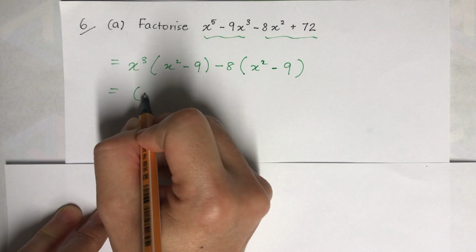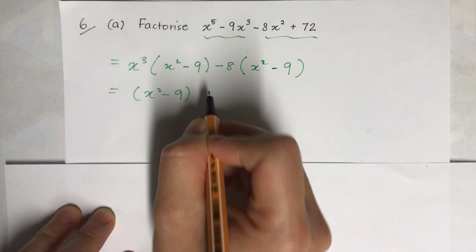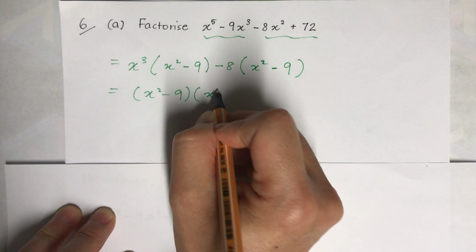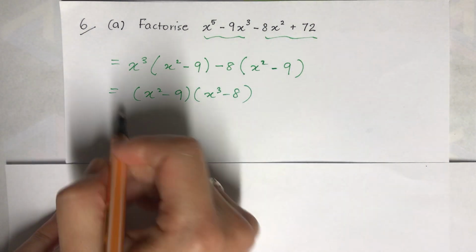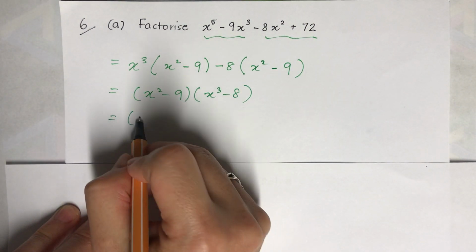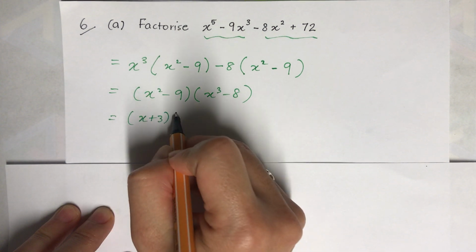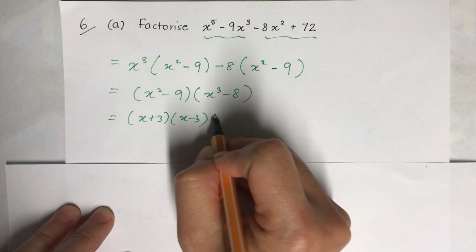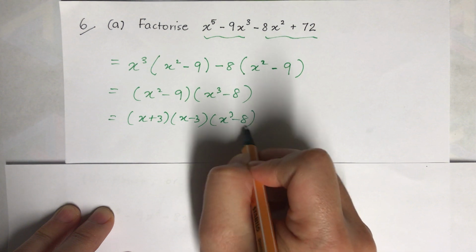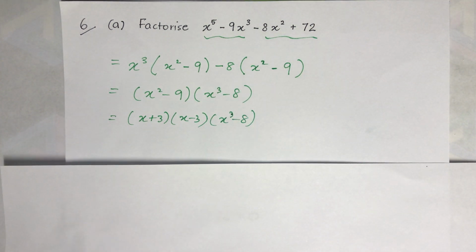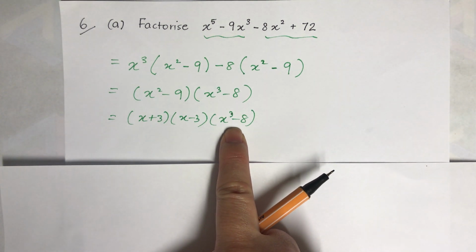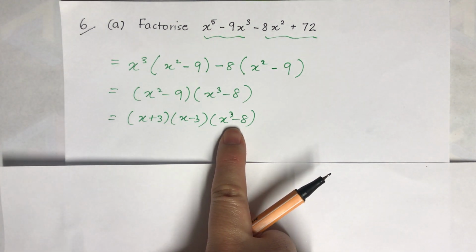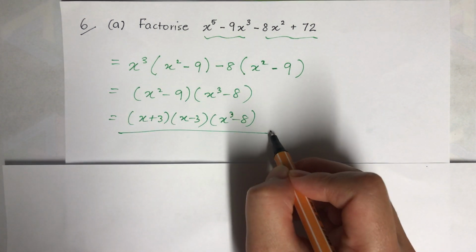So what I got is x squared minus 9 as a common factor, x cubed minus 8 there. Okay, but that's not all, because that's the difference of 2 squares. We can go a bit further. Okay, so this one, it looks like difference of 2 cubes. We no longer use that, so I'm just going to leave it as it is. So that's my answer.